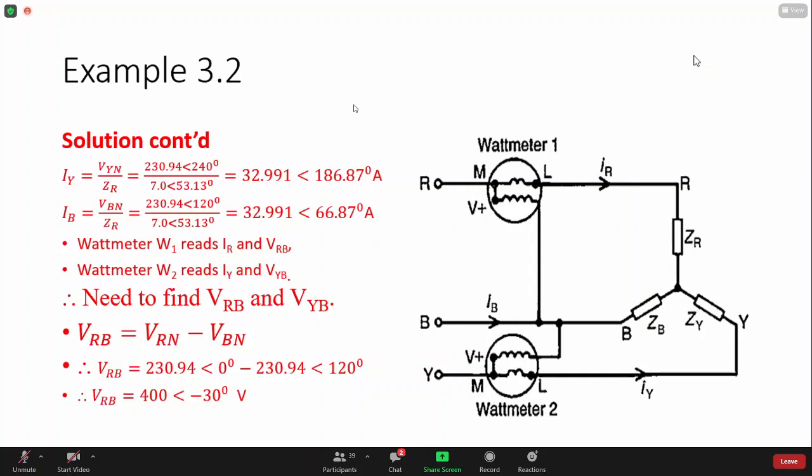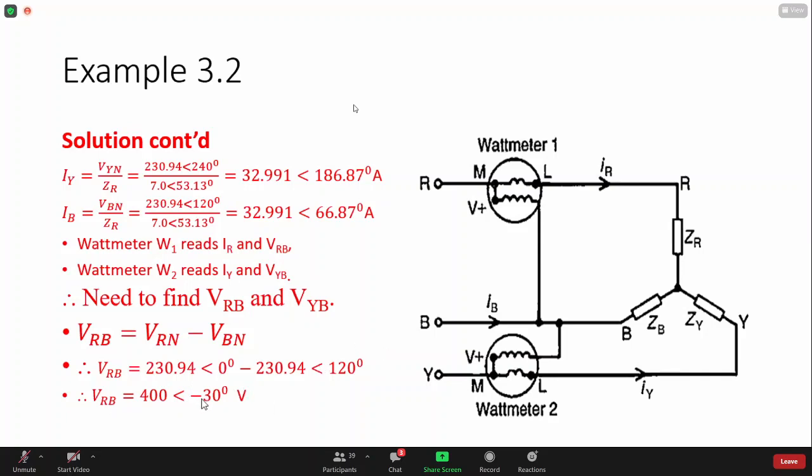Okay. So, Powell, all right. So VRB is at 400 angle minus 30 volts, right?